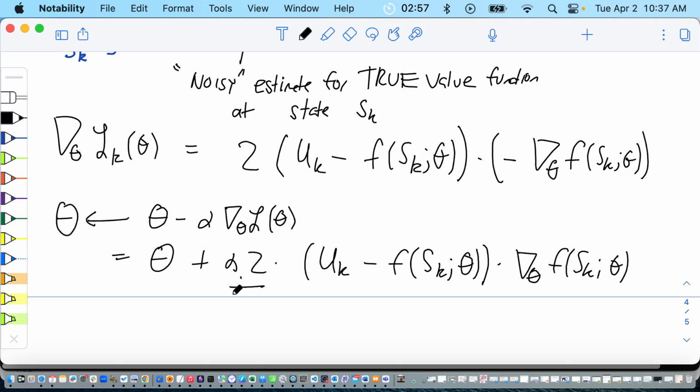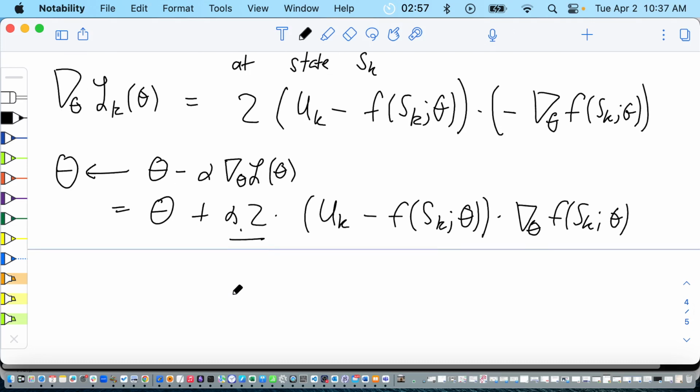I will also say this has the right kind of feel to it, like we talked about when we were doing the ordinary line finding before. So if our estimate, f, is higher than U_k, then we're saying, you're too high, boost it down. If f is too high, then we go down. If f is too low, then we go up.